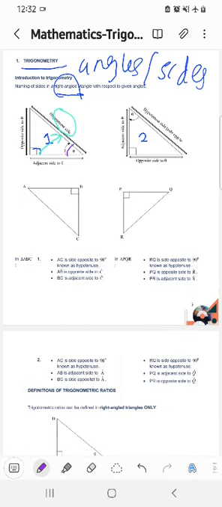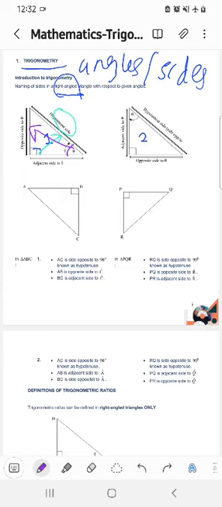This side is opposite to theta. That's why I mentioned it is opposite to theta, not just opposite to an angle. Given a triangle, you cannot say a side is always the opposite, but the hypotenuse is always opposite to 90. So we start by identifying the hypotenuse.